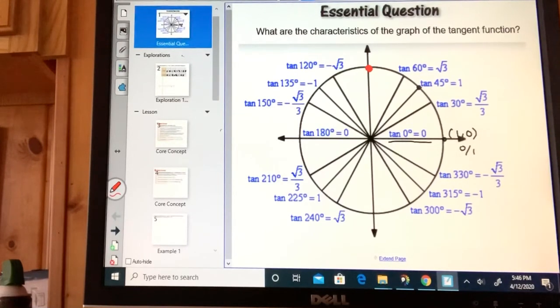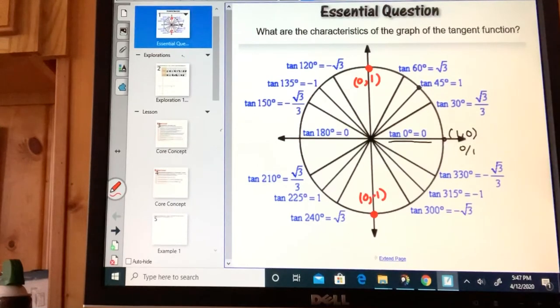Now the ones that aren't labeled are the ones we really need to talk about here. It's 90 degrees and 270 degrees, right? Now, if I'm on the unit circle, you should have 0, 1 on your unit circle here, and here you should have 0, -1.